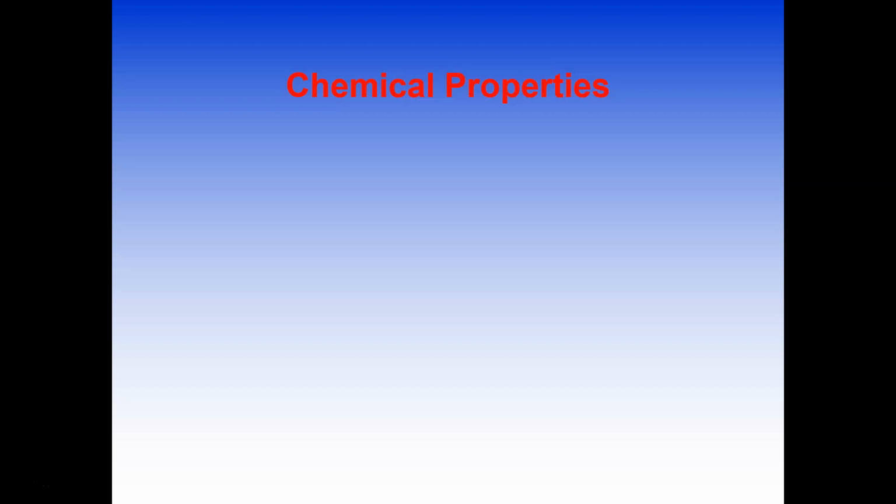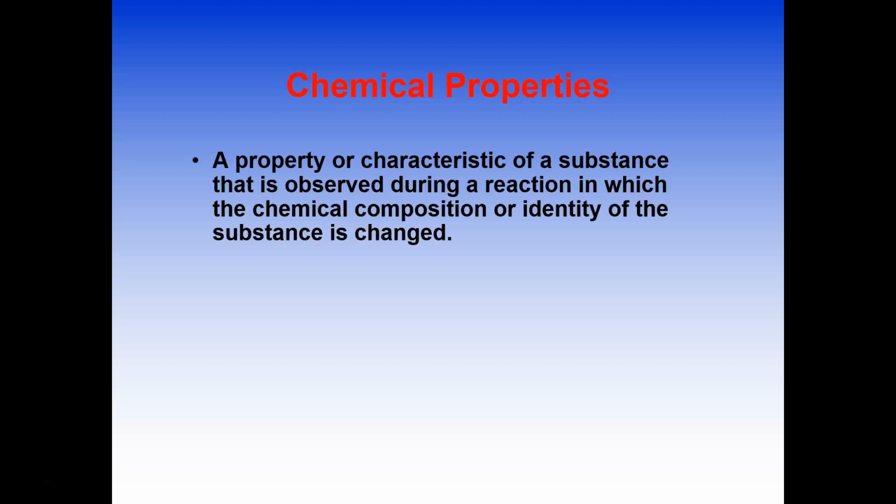On the other end, we have chemical properties. Chemical properties are a property or characteristic of a substance that is observed during a reaction in which the chemical composition or identity of the substance is changed.